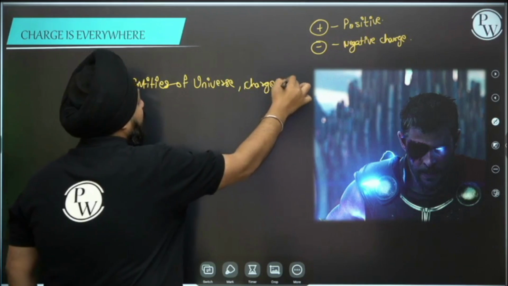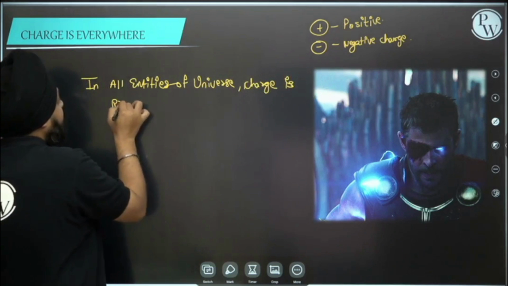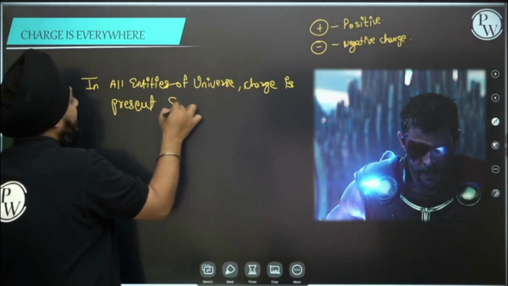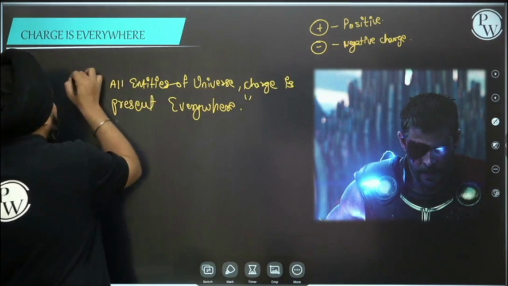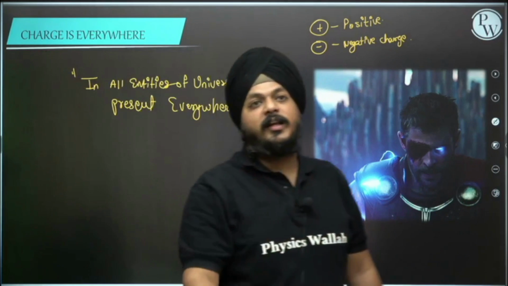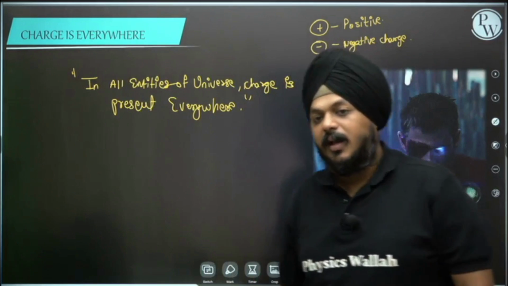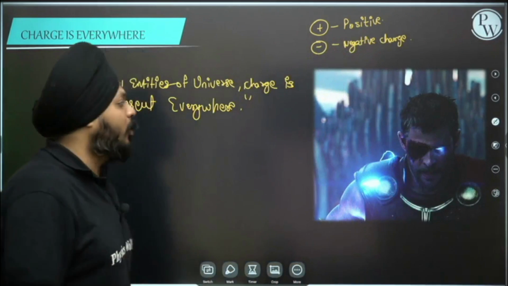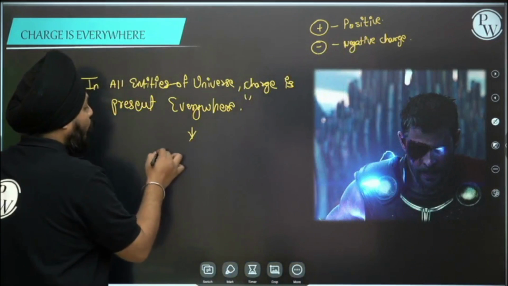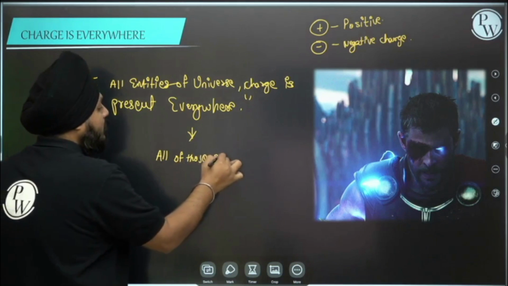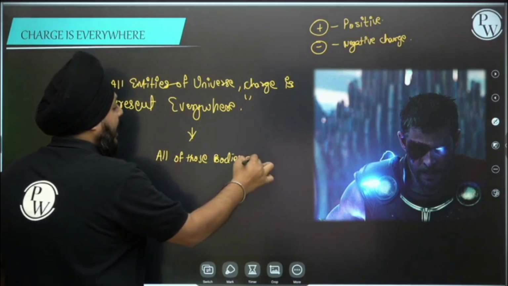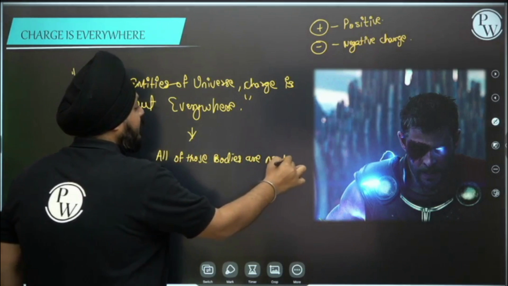Charge is present everywhere, in all entities of the universe. But why are we not able to feel that? Because all of those bodies are neutral bodies.